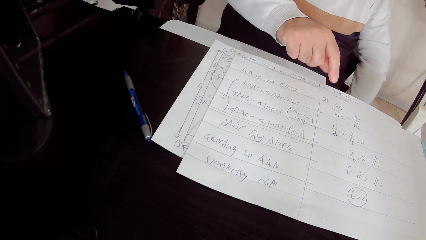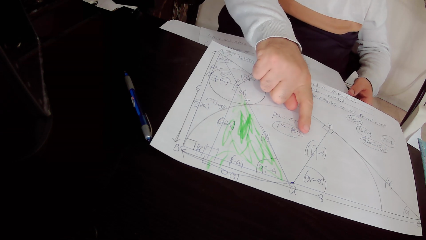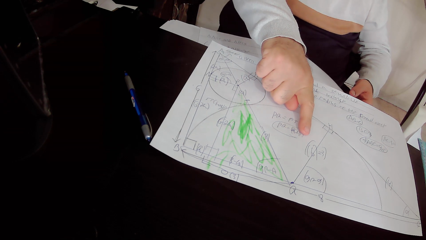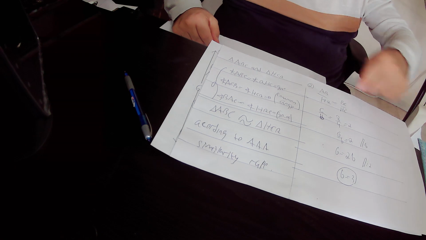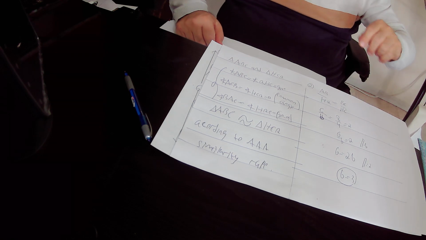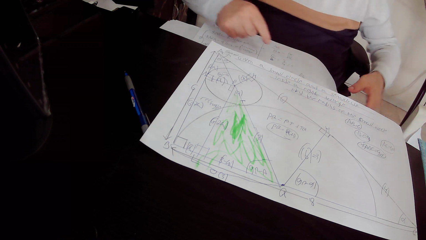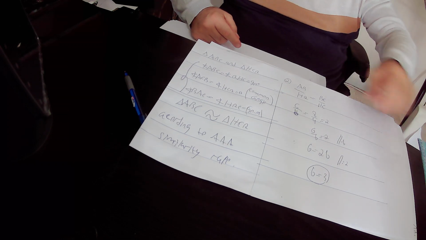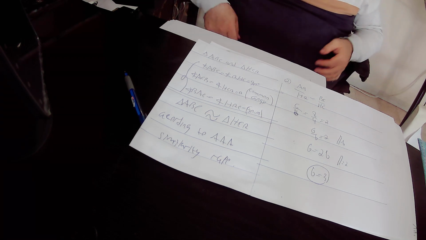AB is 6, HQ equals b, it is the radius of this big semicircle. So HQ is b, BC is 8, and HC is 4. So in conclusion, we found that 6 over b equals 8 over 4, and 8 over 4 is 2.